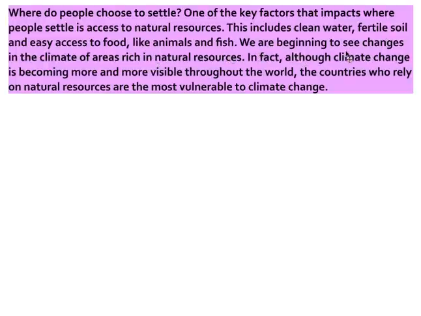We're beginning to see the changes in the climate of areas rich in natural resources. In fact, although climate change is becoming more and more visible throughout the world, the countries who rely on natural resources are the most vulnerable to climate change. Notice that I'm not yet talking about Egypt. I'm talking about natural resources and how they're impacted by climate change throughout the world.